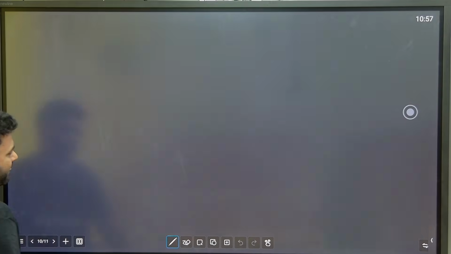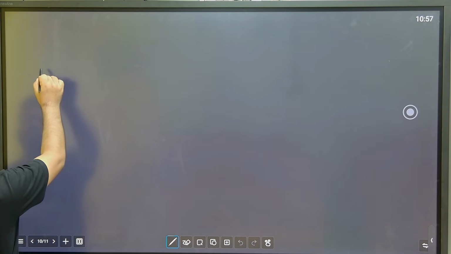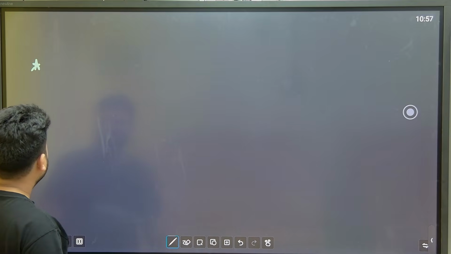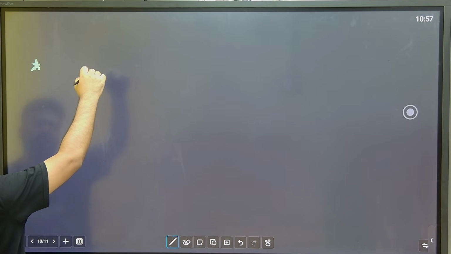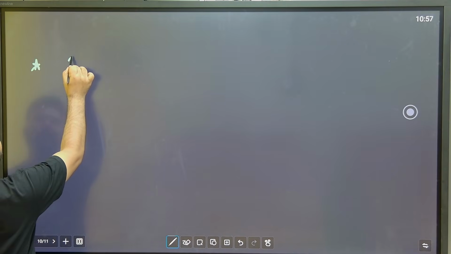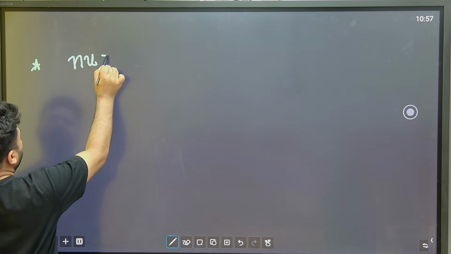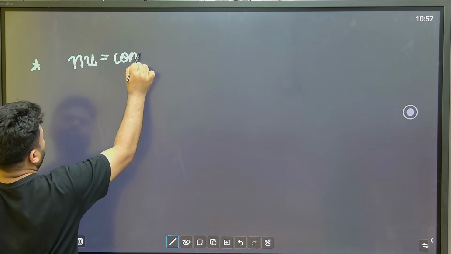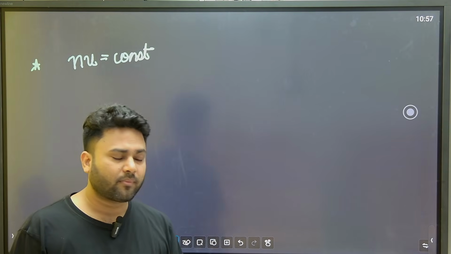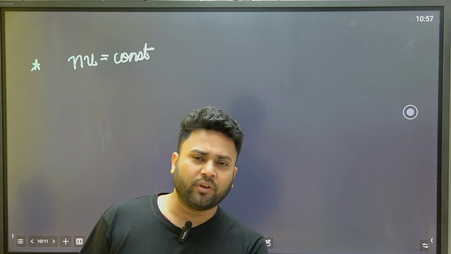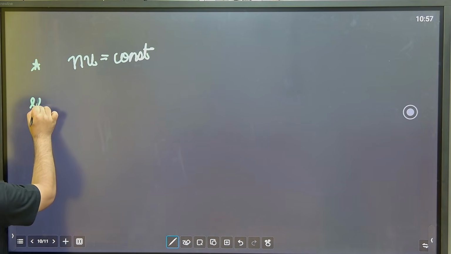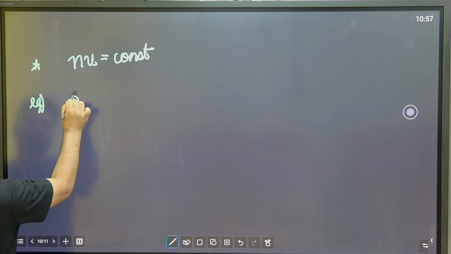Now see, for any quantity, we can write that N into U is constant. What are N and U? N is the number, U is the unit. For example, so that you better understand, 5 meter.